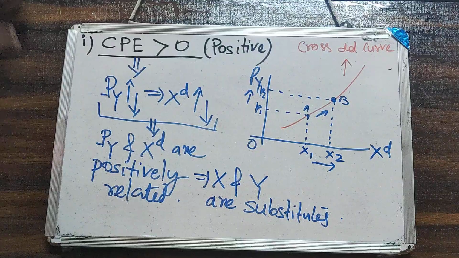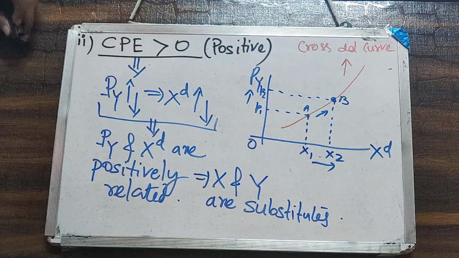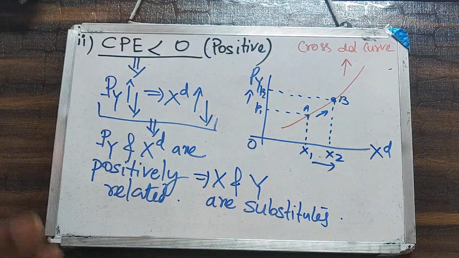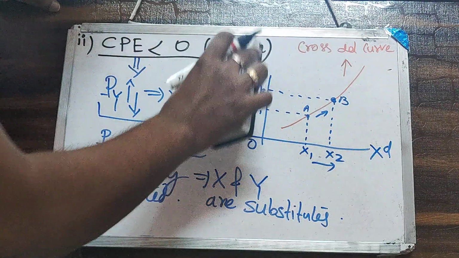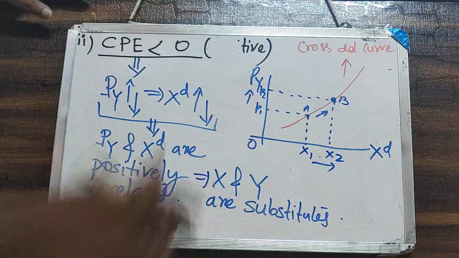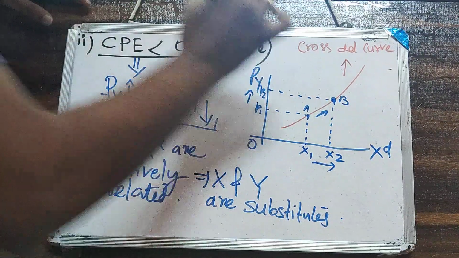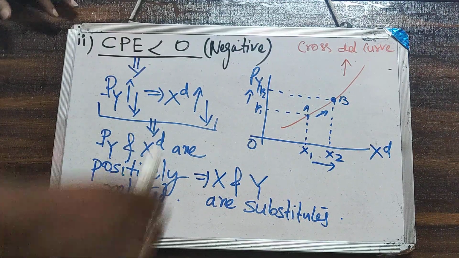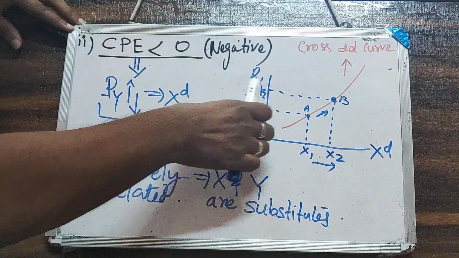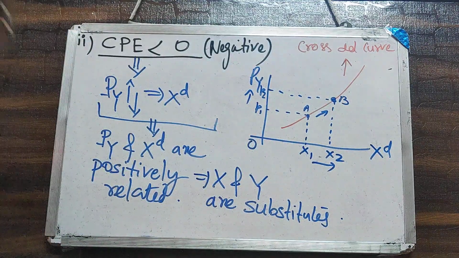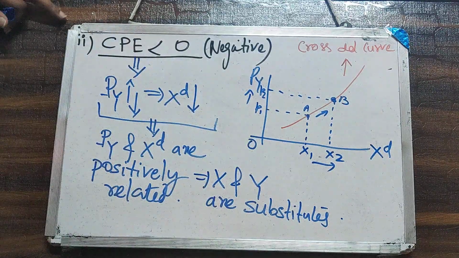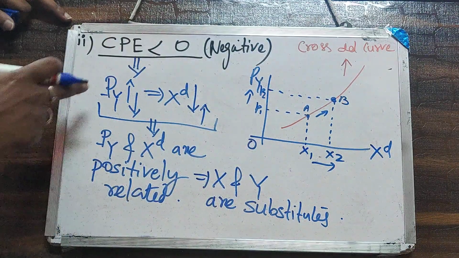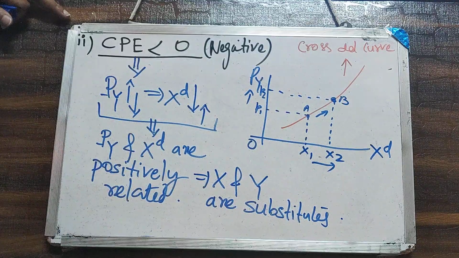Now, second point, let us consider negative cross price effect. Cross price effect can be negative as well. If cross price effect is negative, it would imply that with the increase in the price of good Y, demand for X will go down, or with the fall in the price of good Y, demand for X will go up. Hence, we can say that Py and Xd are moving in the opposite direction.